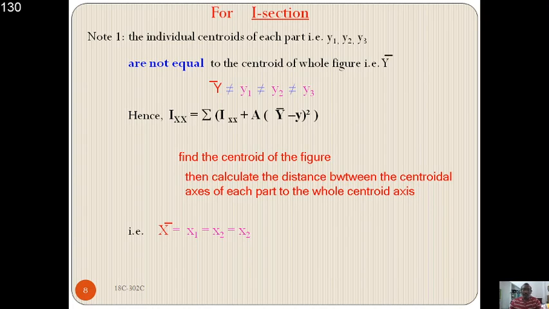That is the major part in this solution, where the different parts are treated as composite shapes or built-up sections. In this case, we should figure out the total centroid of the given shape, then divide the figure into parts, and denote the individual centroids of the parts as x1, x2, x3, and y1, y2, y3.